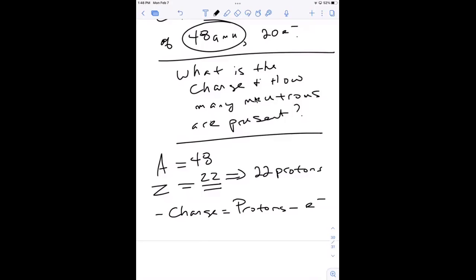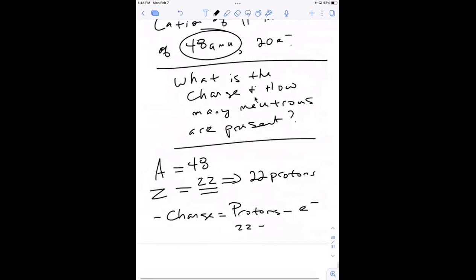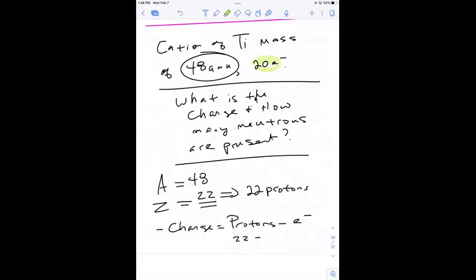So to figure out the charge, let's put that number in. We know we have 22 protons. How many electrons based on the question? 20 electrons. So that number is going to be +2.